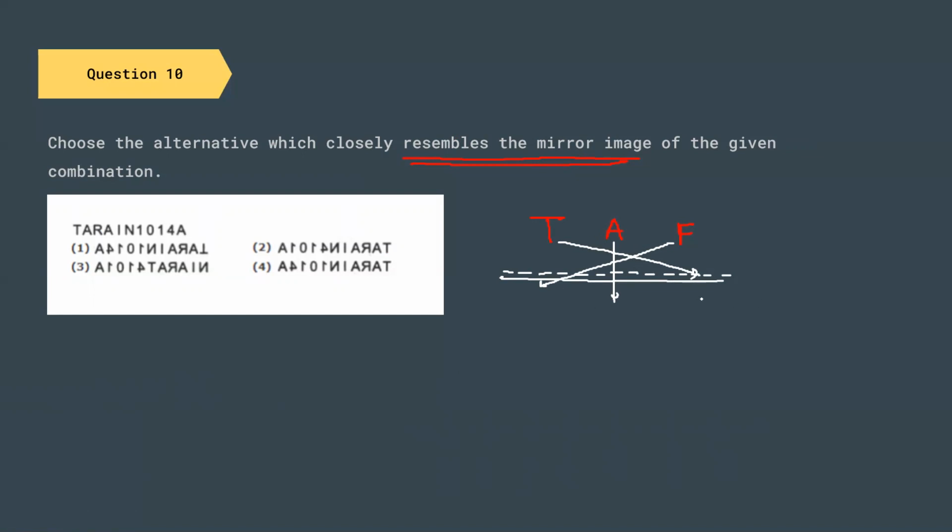If T comes here, the T will look like this, A will look like this, but the direction of F is going to change. F is going to look like this. So the final result will be F A T. All the characters are first reversed, and after that all the letters are positioned left side right.